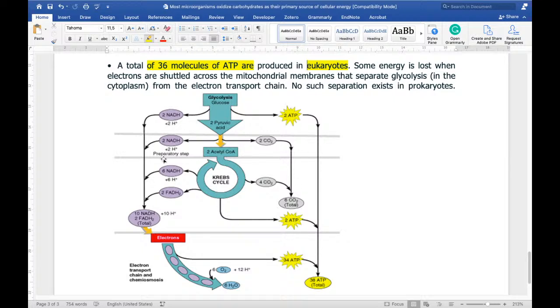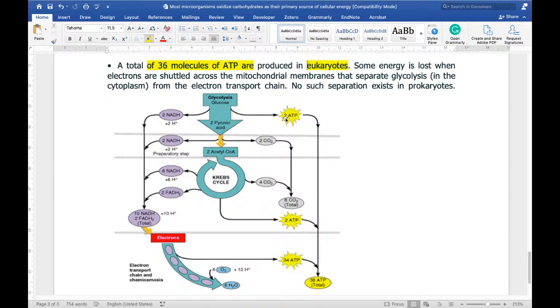Beyond that, for the electron transport chain that we have discussed, I need 2 molecules of NADH, 2 molecules of NADH, 6 molecules of NADH, and 2 molecules of FADH2. So total 10 NADH plus 2 FADH2. They will take these electrons, with the help of the electron transport chain and chemiosmosis that I have discussed, and will produce 34 molecules of ATP.